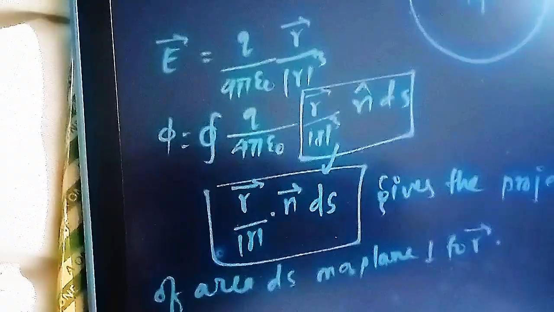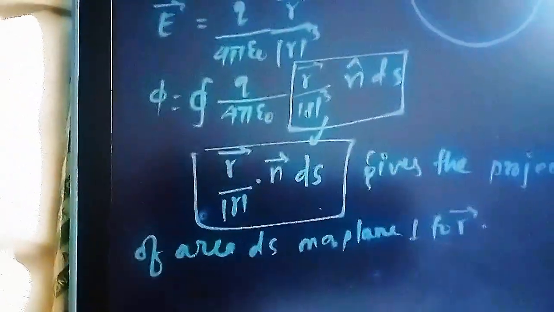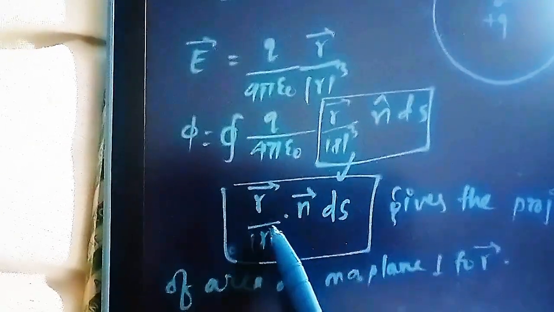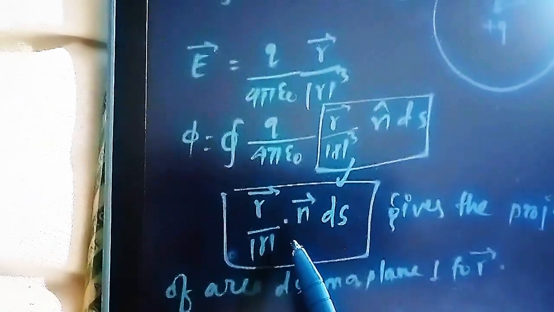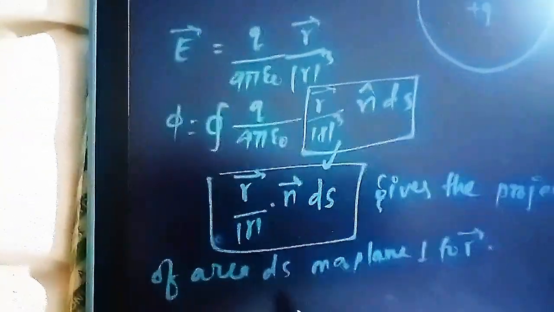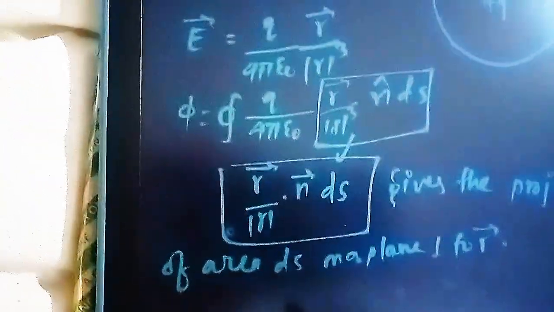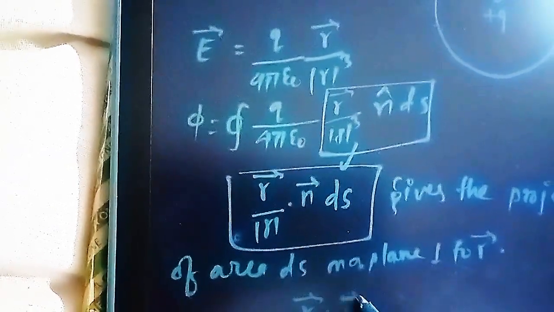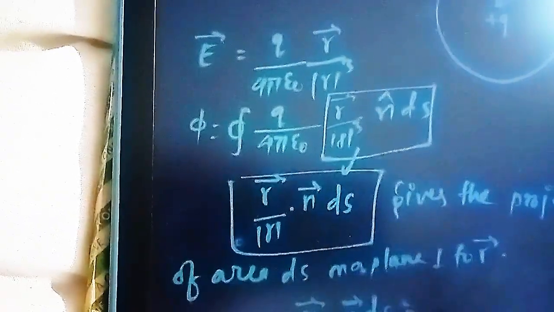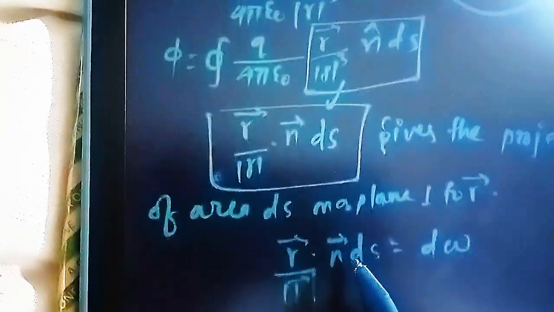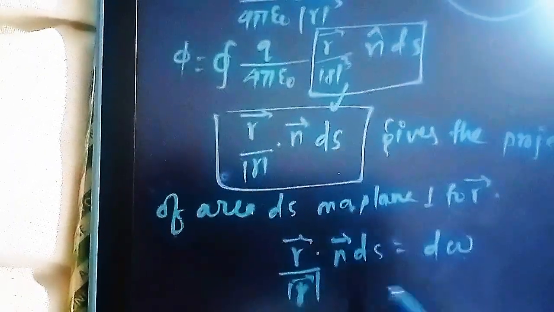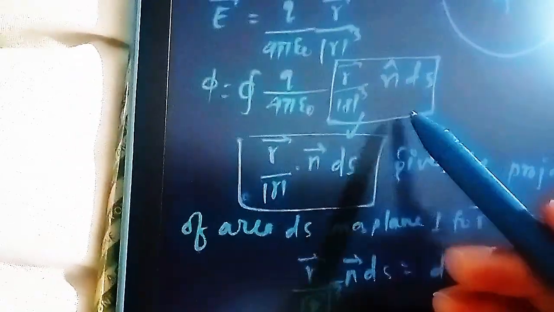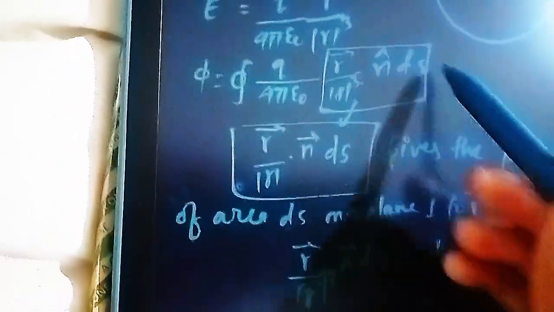This projection area multiplied by 1 by r square is the solid angle. So if we multiply it by 1 by r square, we get the solid angle, which is d omega. So here we can write r vector dot n cap ds is equal to d omega when multiplied by 1 by r square. Sorry, this is cube here, so this whole term becomes d omega.